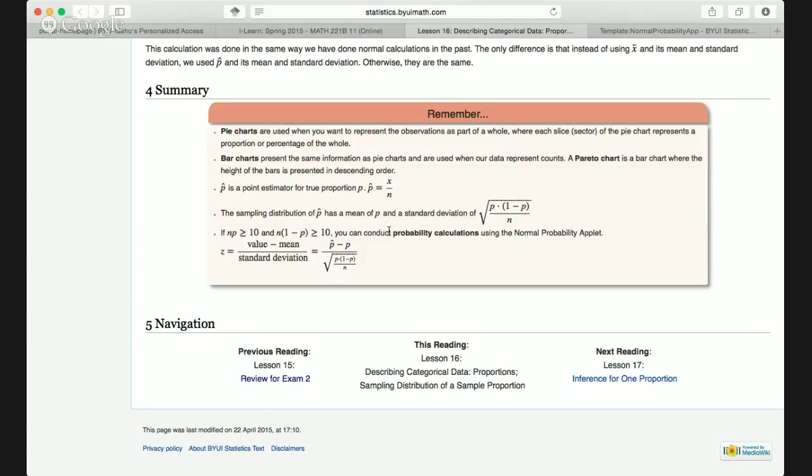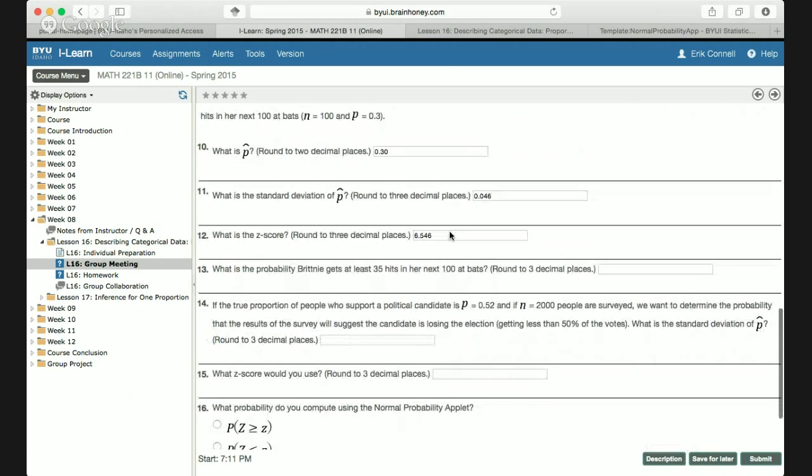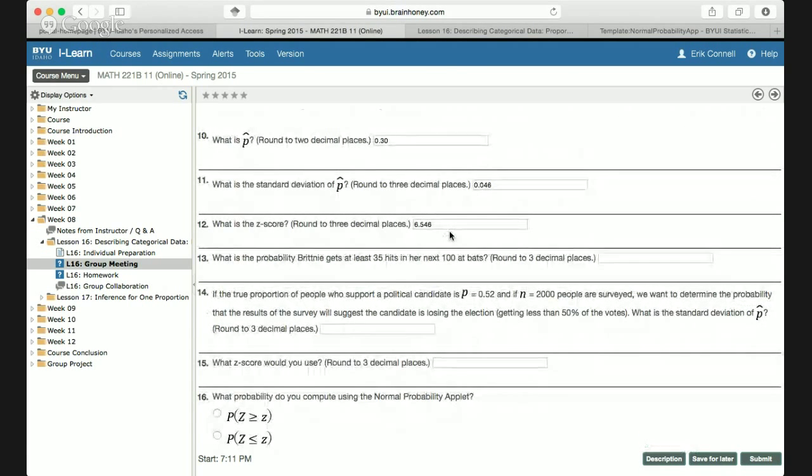But if our p and our p hat are equal, then we just have a 0 on top, right? If we have a 0 on top, then anything divided by 0 is 0. So everything will be 0.